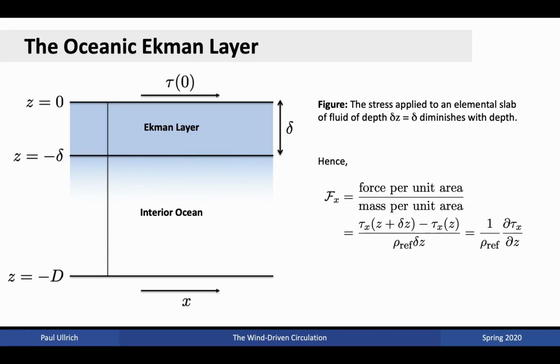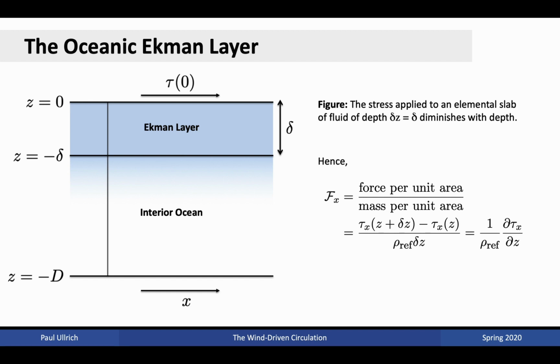To calculate the total amount of force experienced by fluid parcels within the Ekman layer, we note that we have an induced stress that is occurring at the atmosphere-ocean interface, and through turbulent action that is carried down through the region of the Ekman layer. The stress is applied then within this elemental slab of fluid depth delta. The Ekman stress diminishes quickly with depth, and so approximating it as only applying within this layer is reasonable.